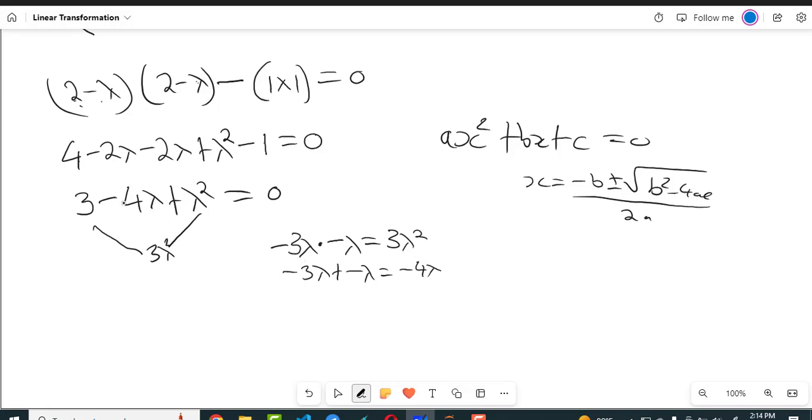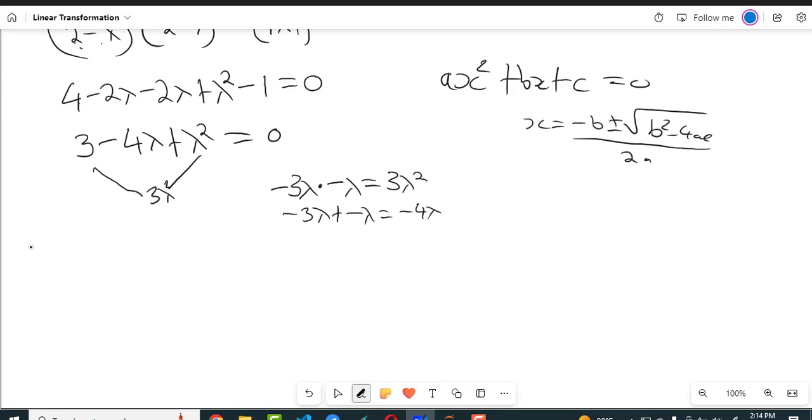So we are going to split this middle term into minus 3 lambda and minus lambda. Instead of writing minus 4 lambda here, we write 3 minus 3 lambda minus lambda plus lambda squared, because minus 3 lambda minus lambda gives us minus 4 lambda.